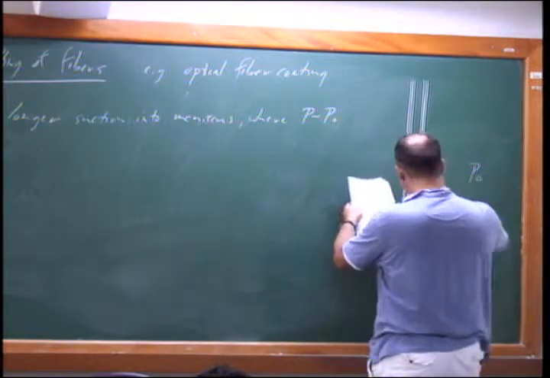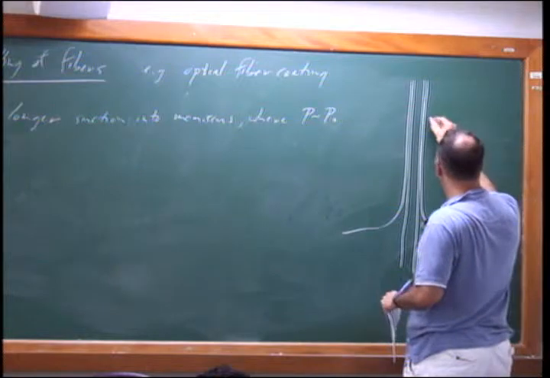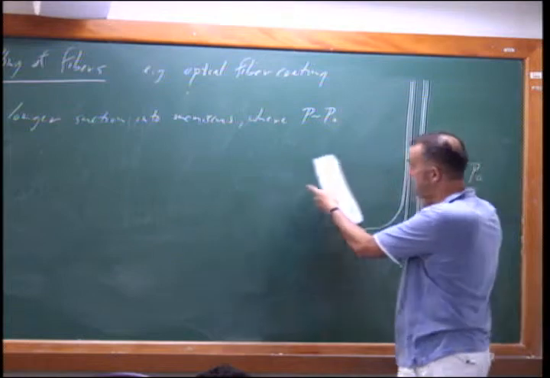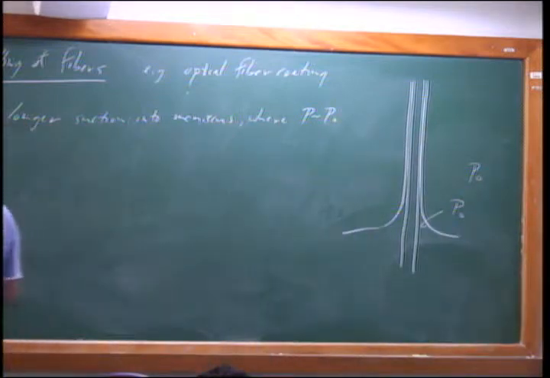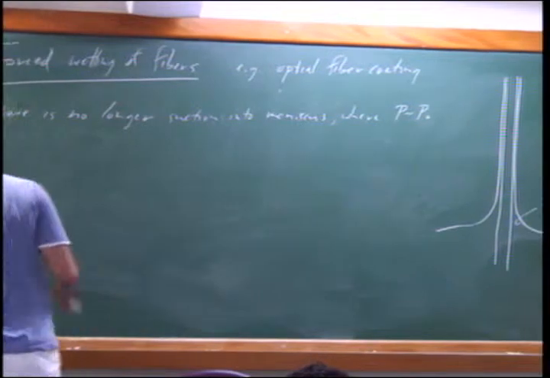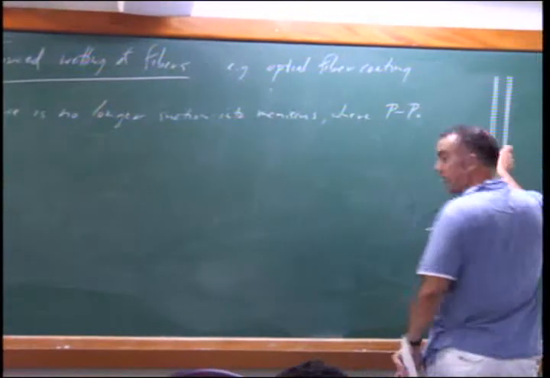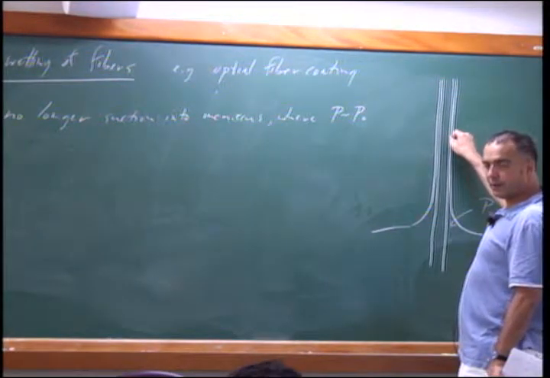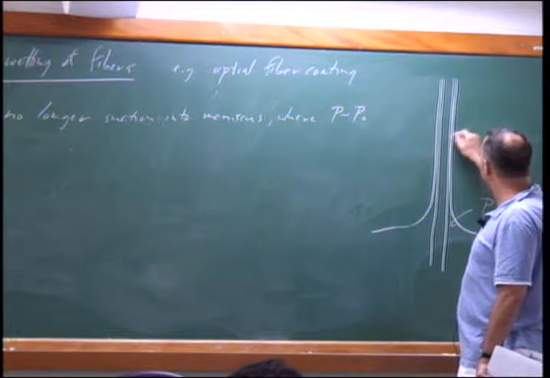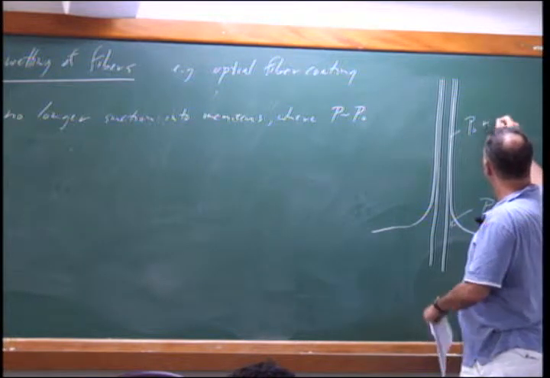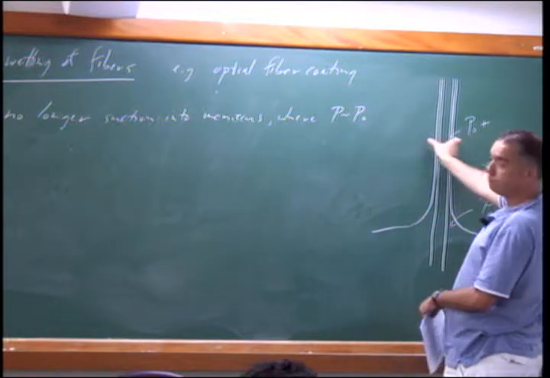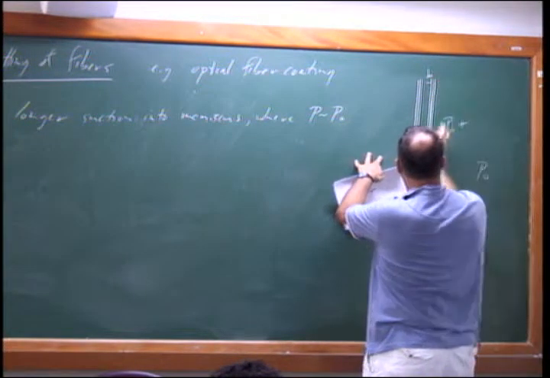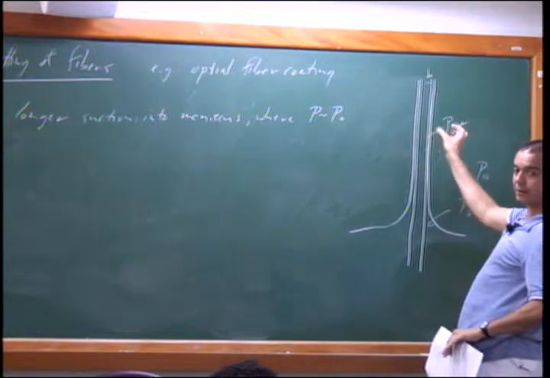Okay, and we know the pressure here. But there's still going to be a pressure difference, right? Because now we have a low pressure here, a high pressure here. So this is going to be P naught plus sigma over approximately B. Because of the finite film thickness, there's relatively high pressure here.